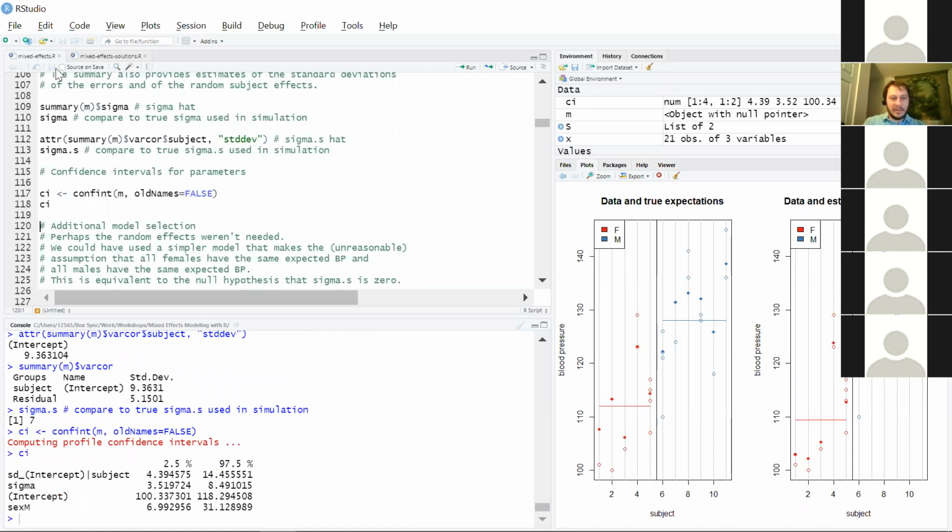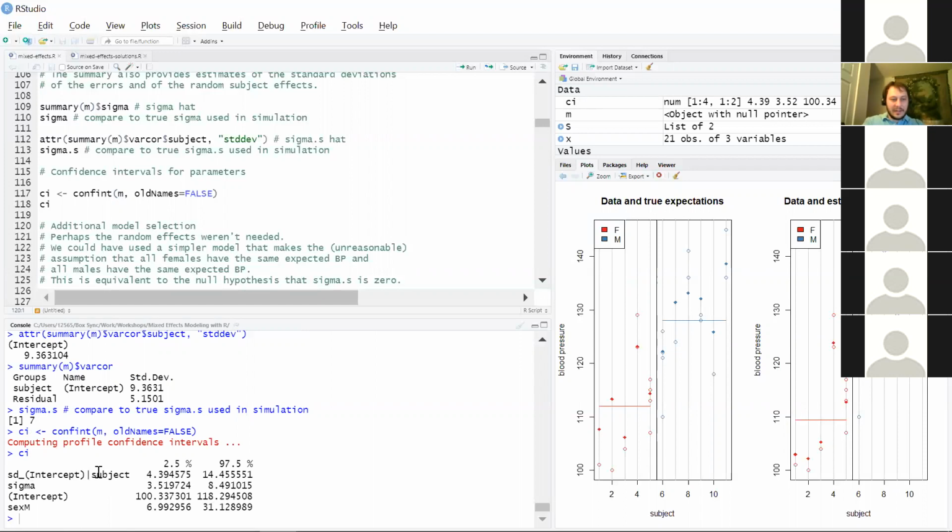We saw our estimate earlier. If you want a confidence interval, here you get one from confint. There's a 95% confidence interval for sigma. For the intercept, which is, remember, the female group overall expected blood pressure measurement. For sex M, this is, remember, the difference between the male's expected blood pressure measurement and the female's. So we've got a bunch of nice 95% confidence intervals here.